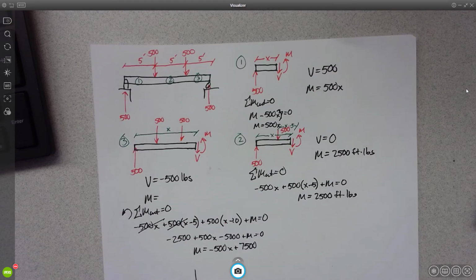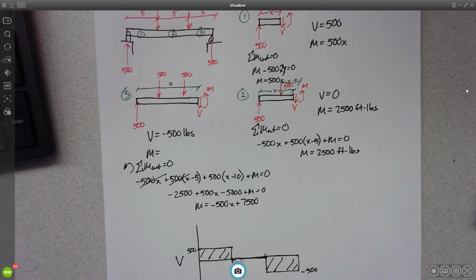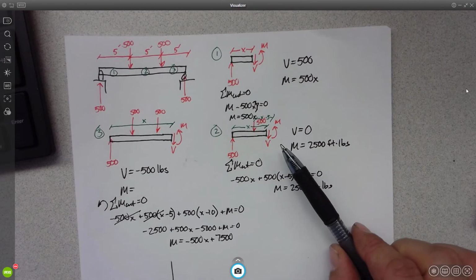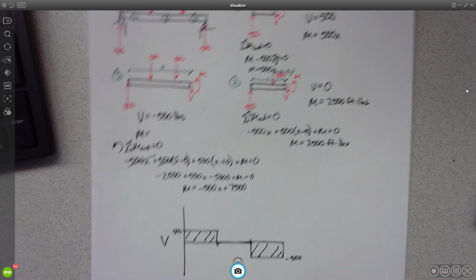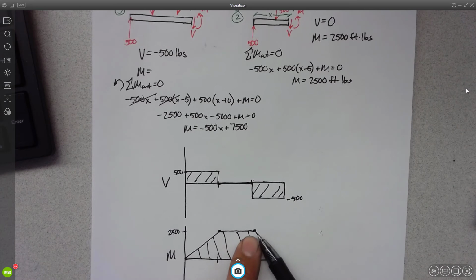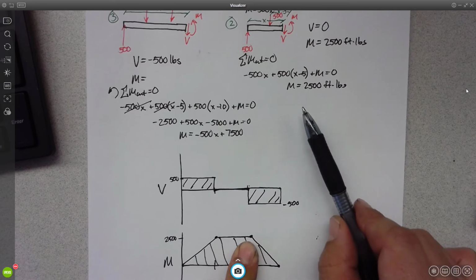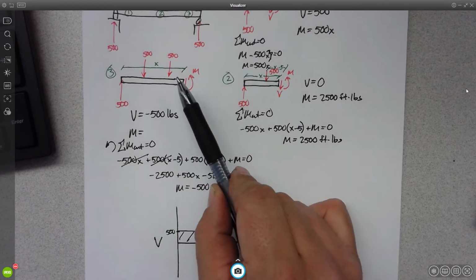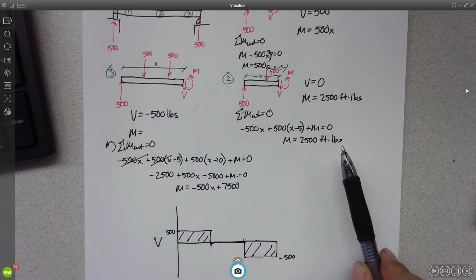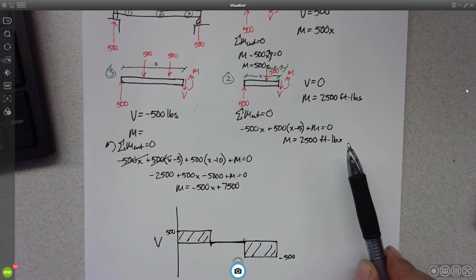It's discontinuous. For moment, at the end of the second section, wouldn't it be at 7,500 on the graph? You're asking, should it be at 7,500 here? No, because remember in section 2, which goes from 5 to 10 feet, we found it was a constant 2,500 foot-pounds.